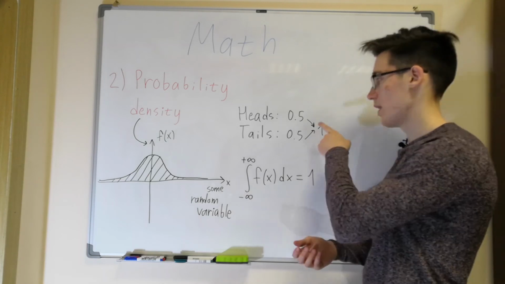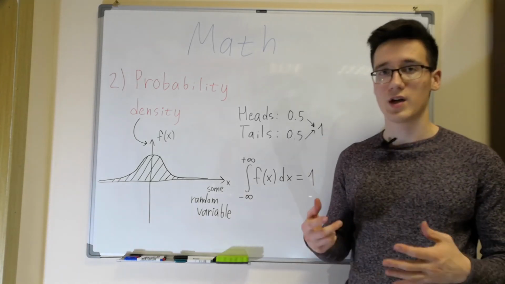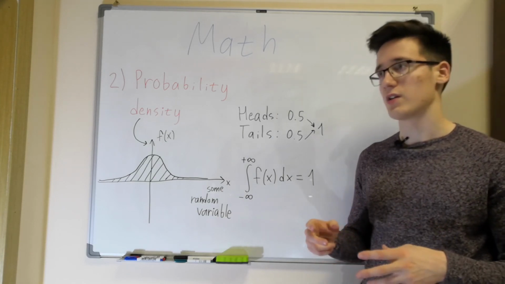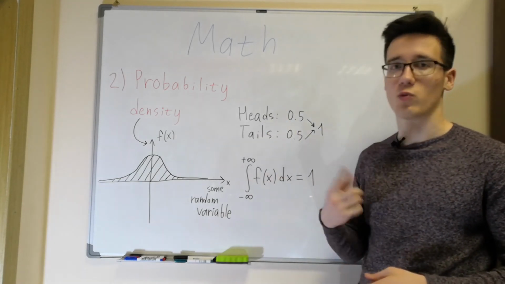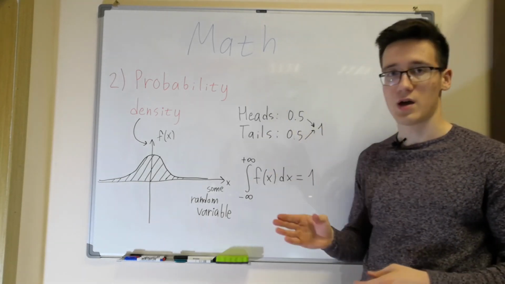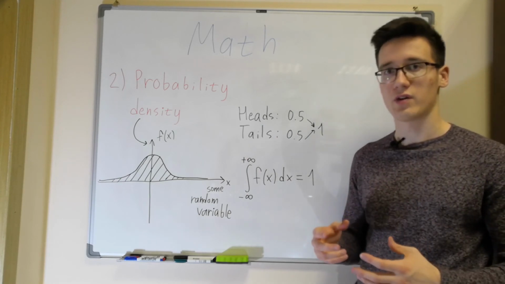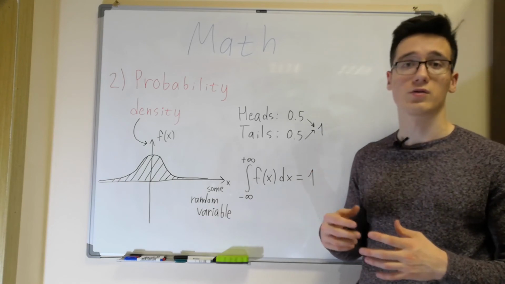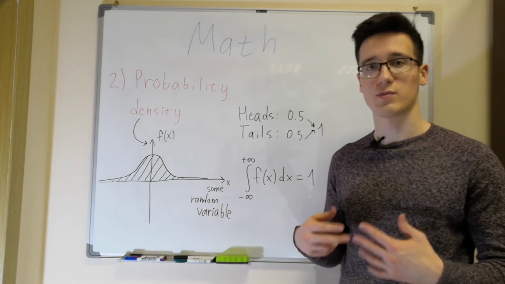In this case, we can create a random variable that would take values of, say, 0 when we get heads and 1 when we get tails. And the probability of 0 will be 0.5, and the probability of 1 will be also 0.5. But this random variable has only 2 possible values.